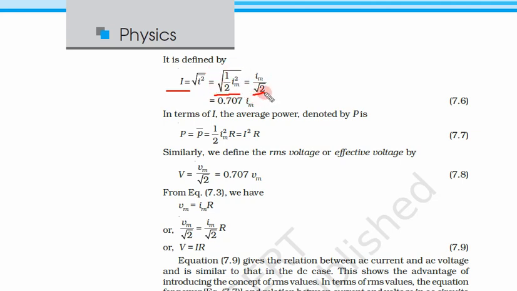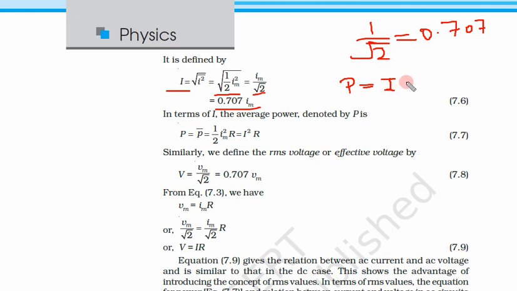Similarly we get Im by root 2. And what is the value of 1 by root 2? 1 by root 2 is equal to 0.707.